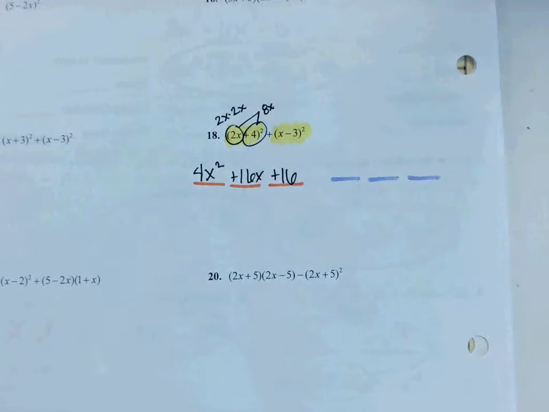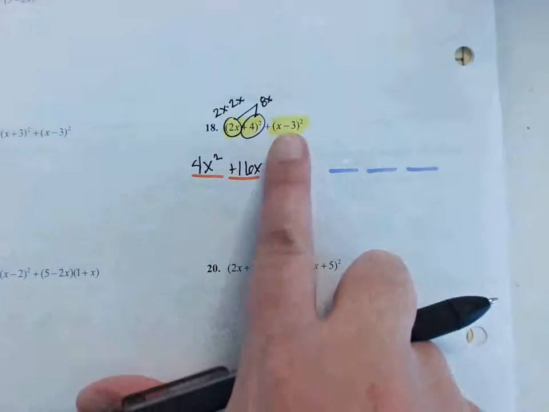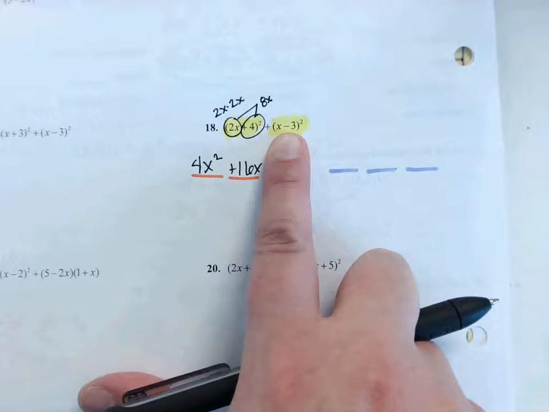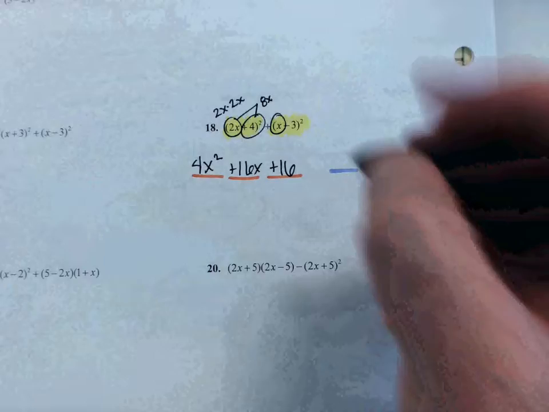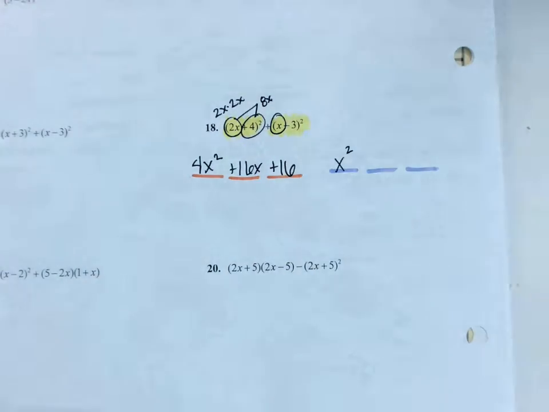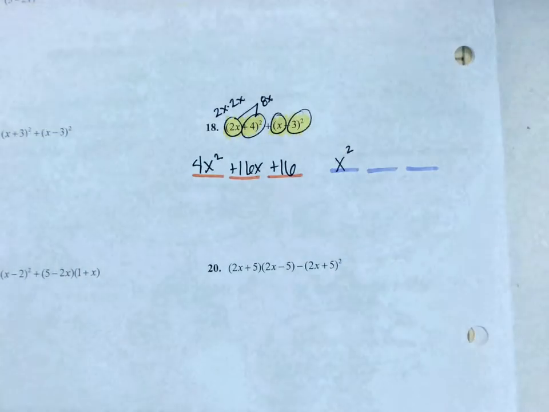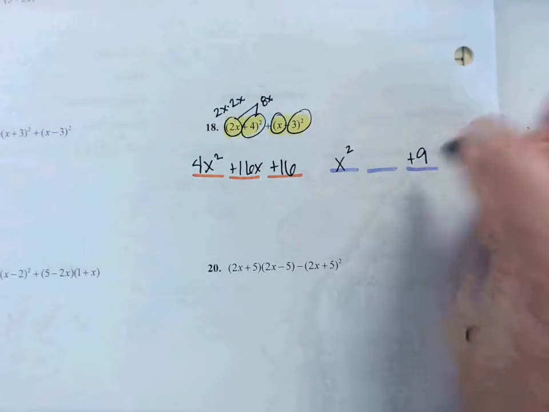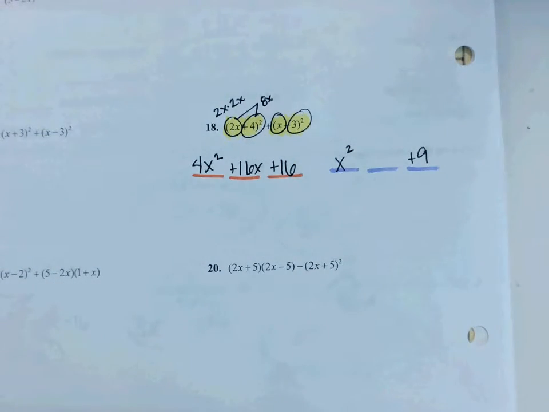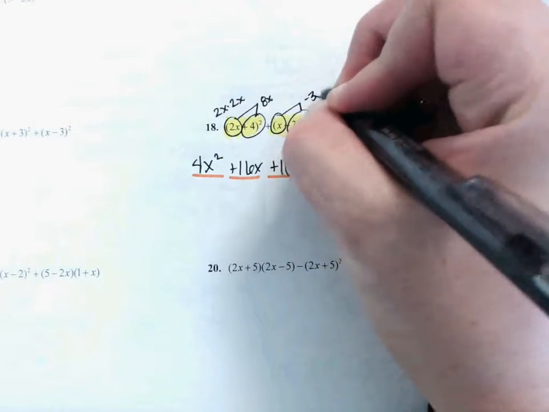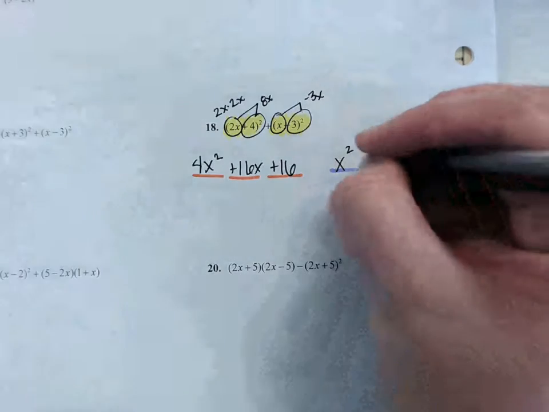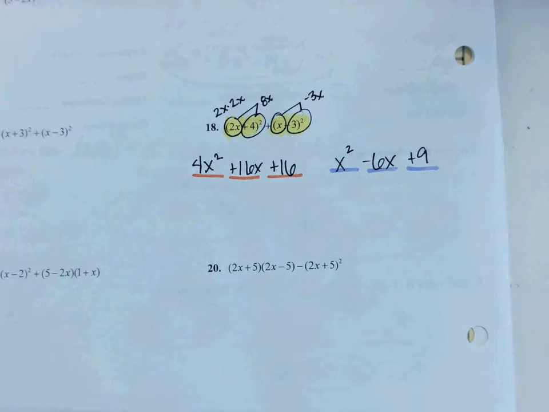16x. Okay, now for my purple, I'm going to expand this second one via the shortcut. So my first blank is going to be the first term squared. X squared. My last term is going to be the second term squared. What's 3 squared? Does it matter the 3 was negative? No, when you square it, the negative crosses out anyway. But then put them together, that's a minus 3x, but then I have to double it. So you did 2x squared, then 4 squared, then 2x.